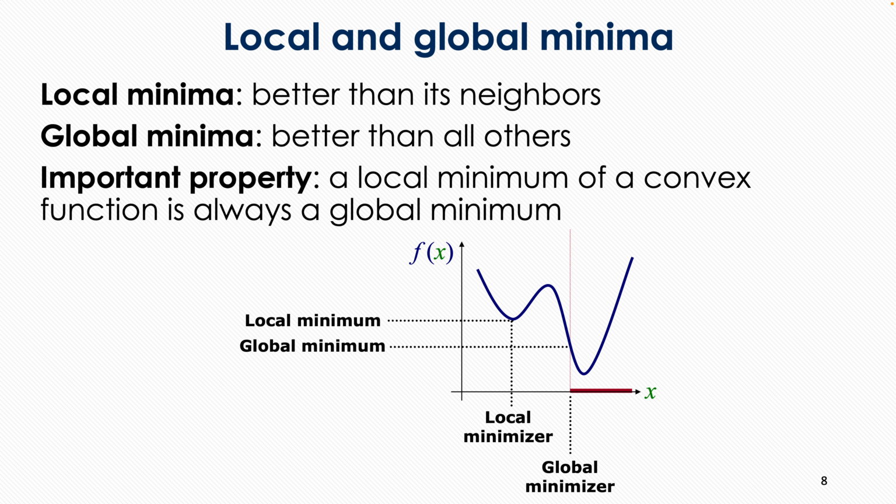Oftentimes, you're going to have to show mathematically that it is non-convex, because you're dealing with a large set of decision variables, whereas this is just one dimension, right?